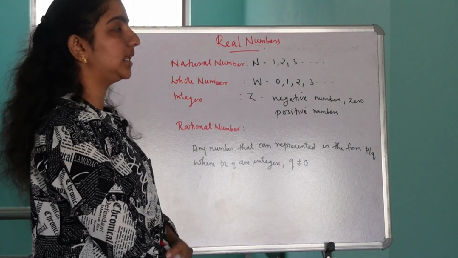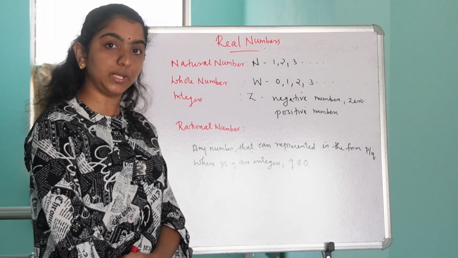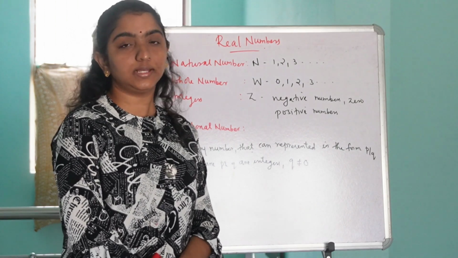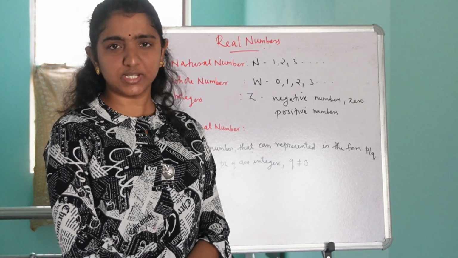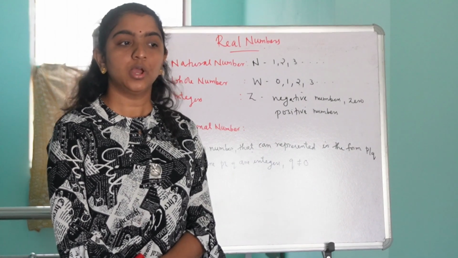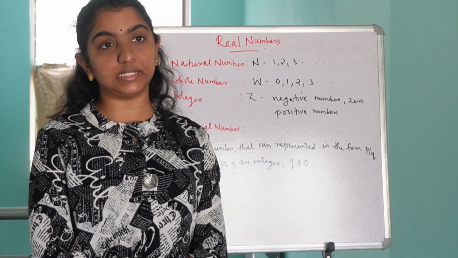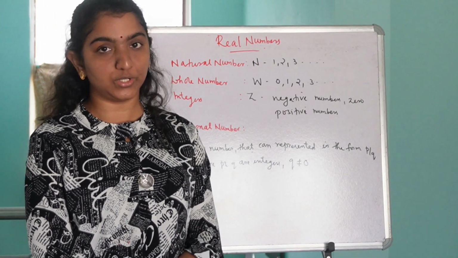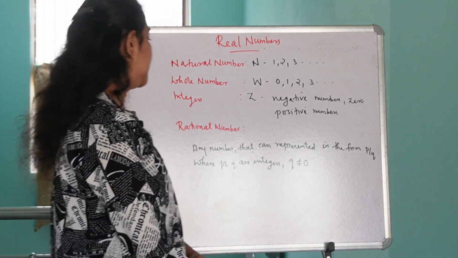So any number that can be represented in the form p by q. And here some conditions are there. While representing a number in the form p by q, both p and q should be integers and q should not be equal to 0. Is it clear, guys?